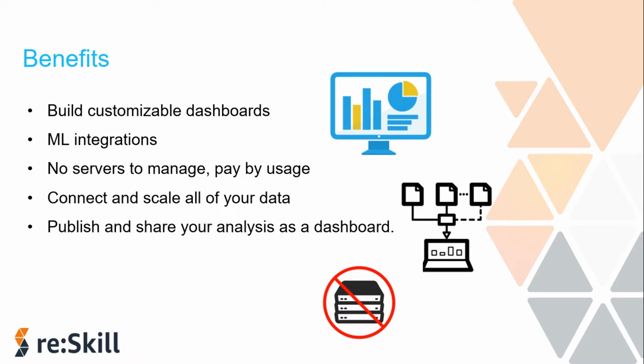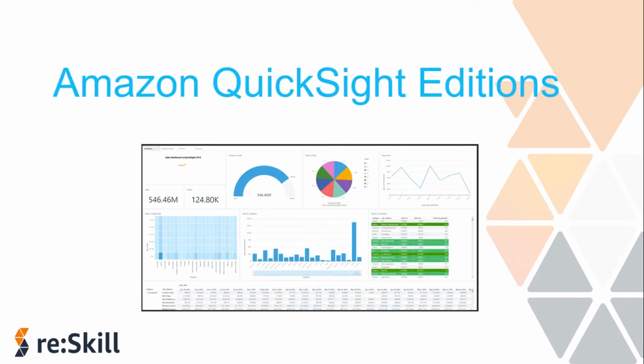Now coming towards the editions that we have with Amazon Quicksight. We have the standard edition and the enterprise edition. We'll discuss both of them. Depending on the business needs, we can get any of them. Quicksight standard edition is ideal for personal data analysis and exploration. Then we have Quicksight enterprise edition, which is just like how we have in many other software upgrade models also.